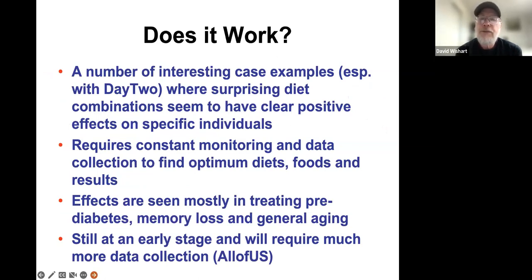Now there's a lot of wearable devices that they use, and these help find optimum diets, optimum foods, and customize things for best results. The effects are limited. They're best in the areas of pre-diabetes. They seem to have some applications in mitigating memory loss and slowing down or even reversing some general aging. There's a major initiative, All of Us, being sponsored by the NIH to look more into precision nutrition and collecting multi-omics data.